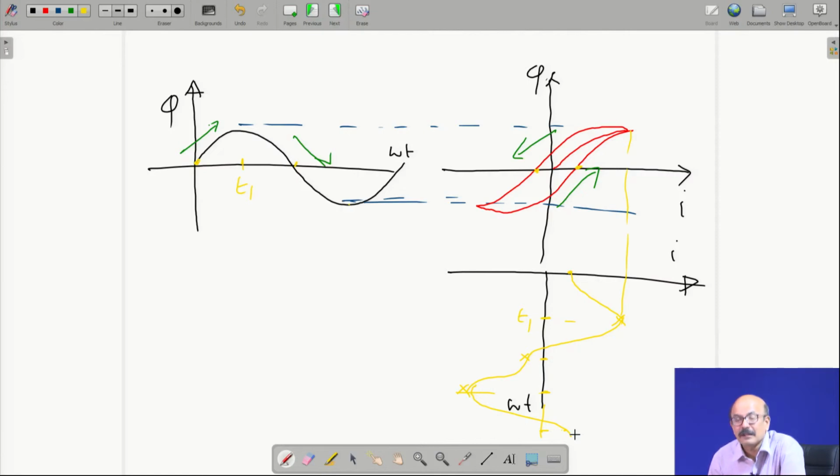What is interesting here is that an in-phase component of the current is created. If you split this current that you got using the hysteresis, the magnetizing characteristics of the material to produce this flux, you get two components.